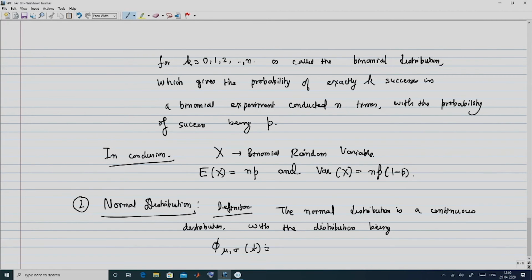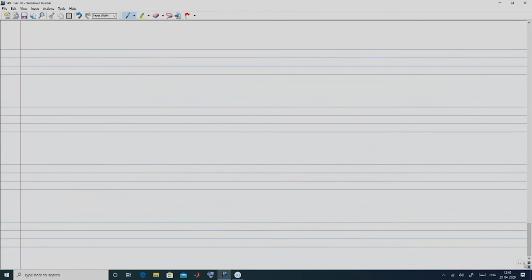So this mu and sigma are going to be the parameters, and this is given by 1 over square root of twice pi sigma square, integral from minus infinity to t of e raised to minus x minus mu whole square by twice sigma square, and the integral is with respect to dx.